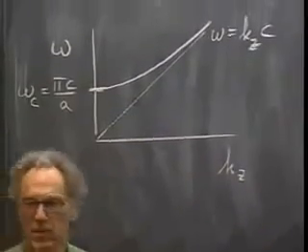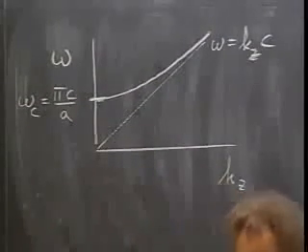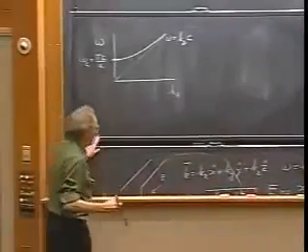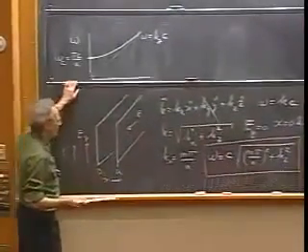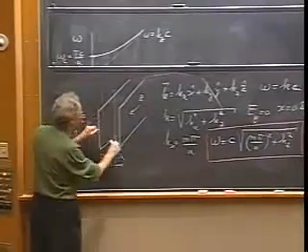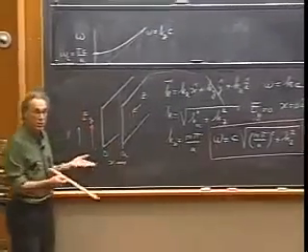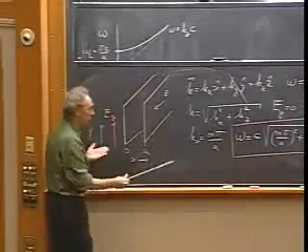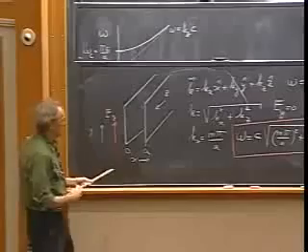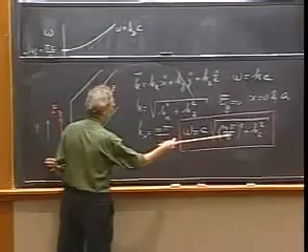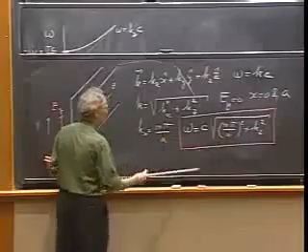No frequency below that value can propagate through the gates, so to speak, through the opening, because it cannot meet the necessary condition that the E field becomes 0 here and 0 there, which is non-negotiable. It has to become 0 here and 0 there because it's an ideal conductor. So K of x must obey this boundary condition.